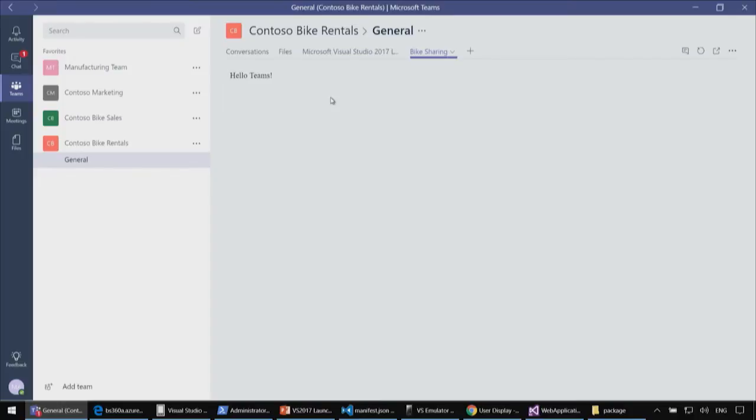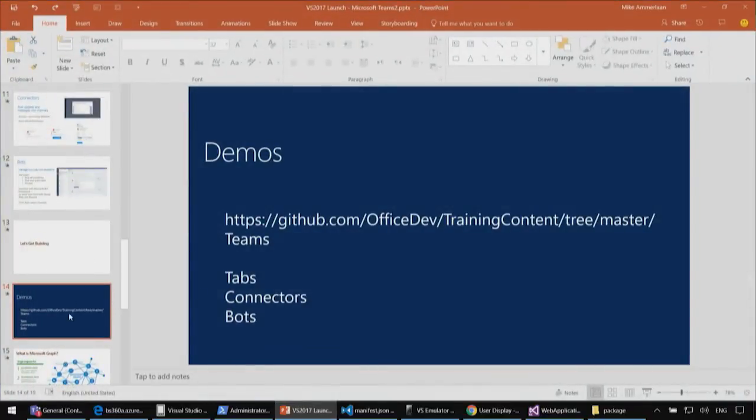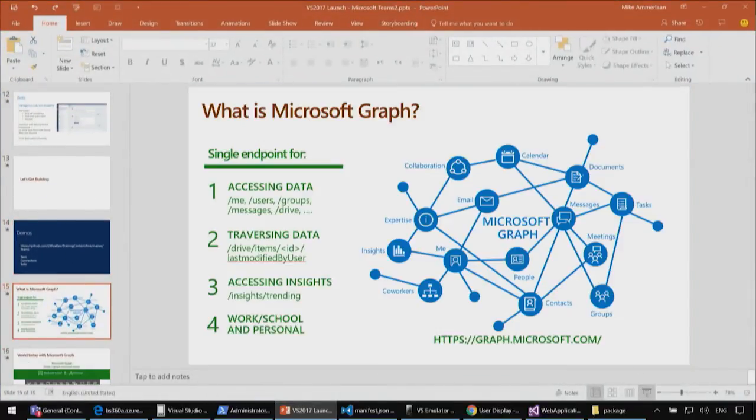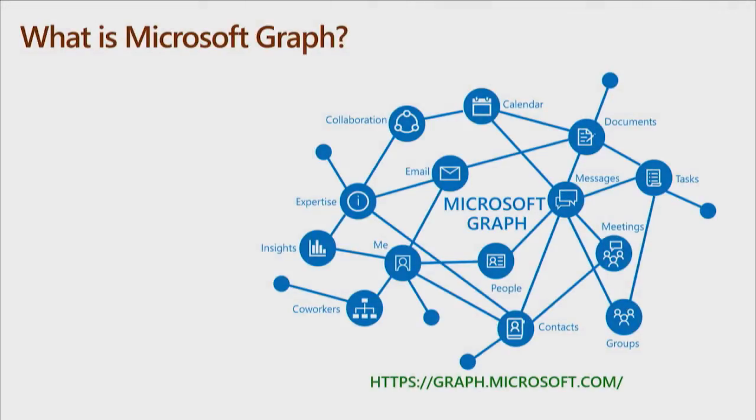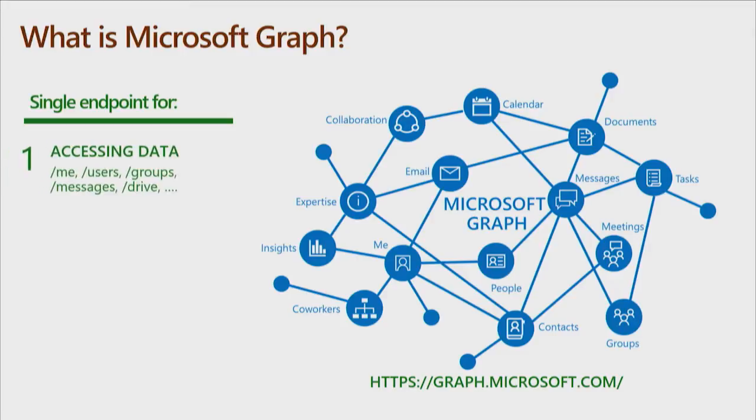Now, what I'm going to do for this is actually go ahead and use something called Microsoft Graph. If you're not familiar, Microsoft Graph is really this one API surface for getting at all kinds of data inside of Office 365, whether it's just about you, the user, whether it's about the groups that you're in that you maybe just created through Teams and what's the list of users inside of them.